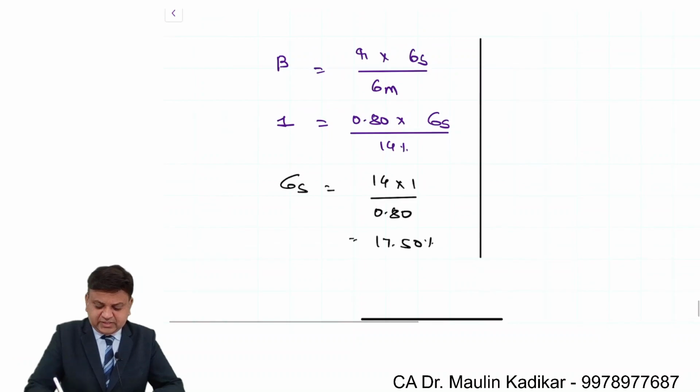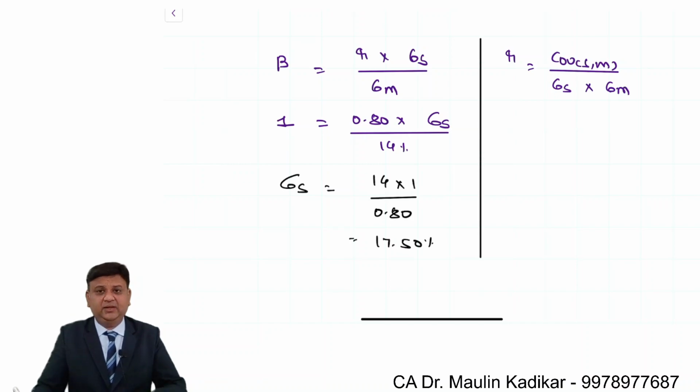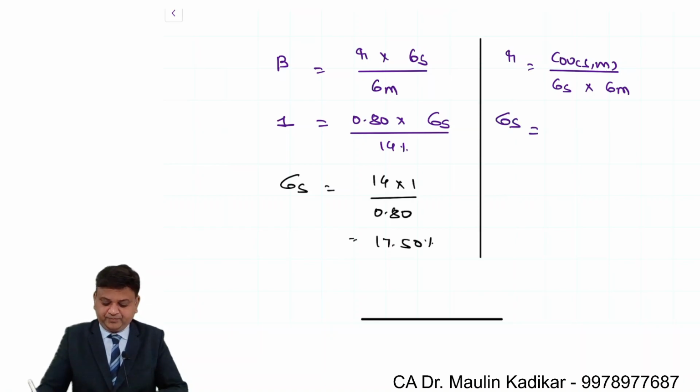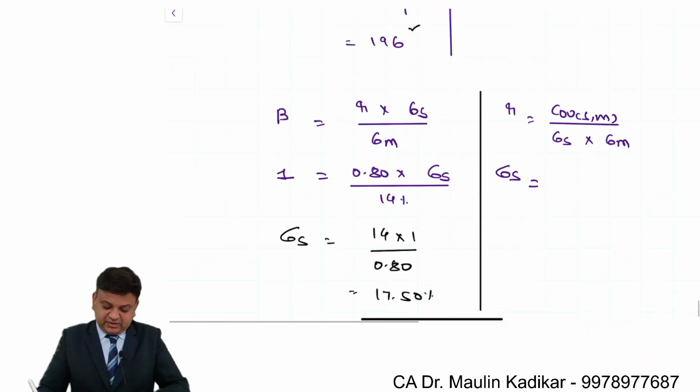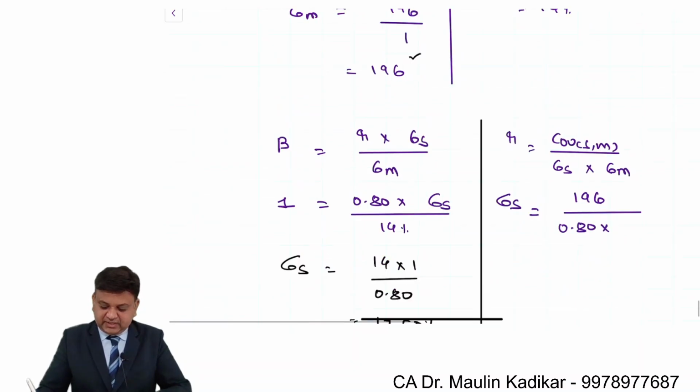If you use the covariance formula, that is, the R formula, it is covariance of the security with market divided by standard deviation of security into standard deviation of market. This is also valid. So we require the standard deviation of security. The covariance of the security with market is 196, divided by 0.8, that is the correlation coefficient, into sigma m, that is 14.